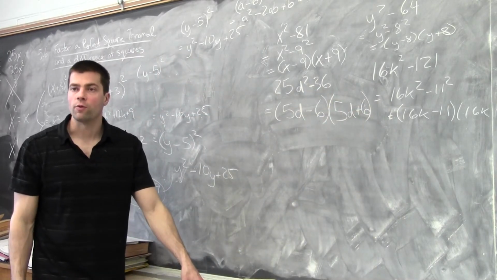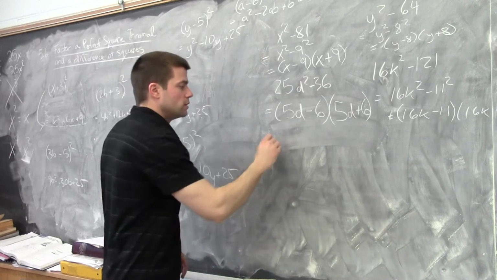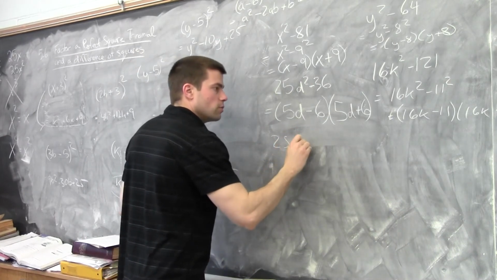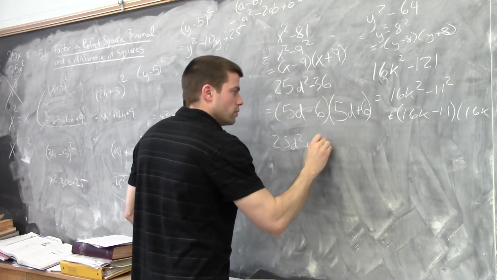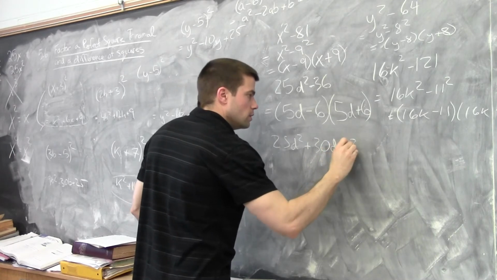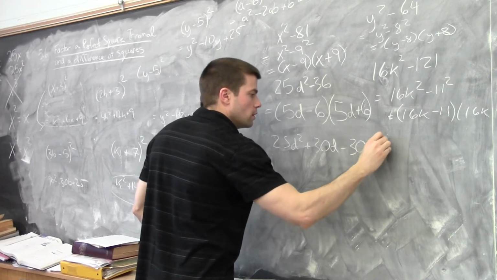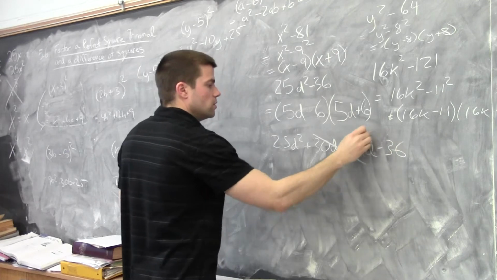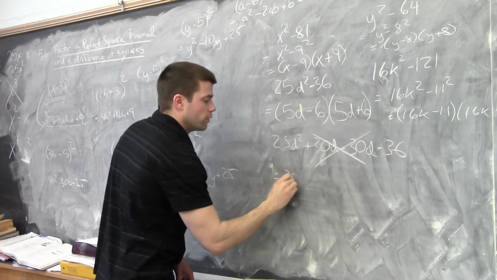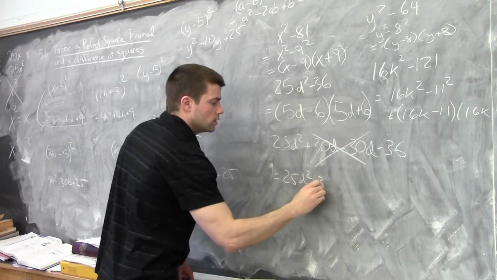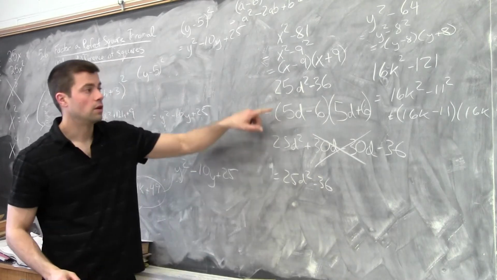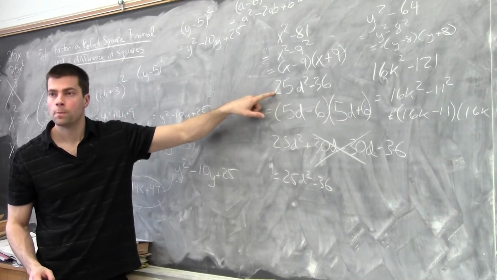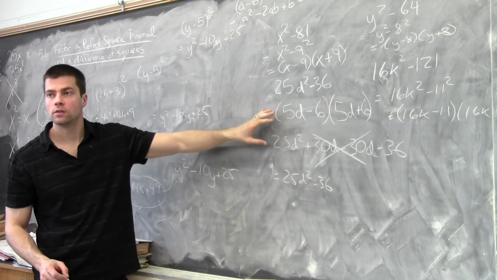If we wanted to verify, we could multiply this out, right? 25d squared, positive 30d, minus 30d, negative 36. These cancel. You're left with 25d squared minus 36. Any questions for difference of squares?